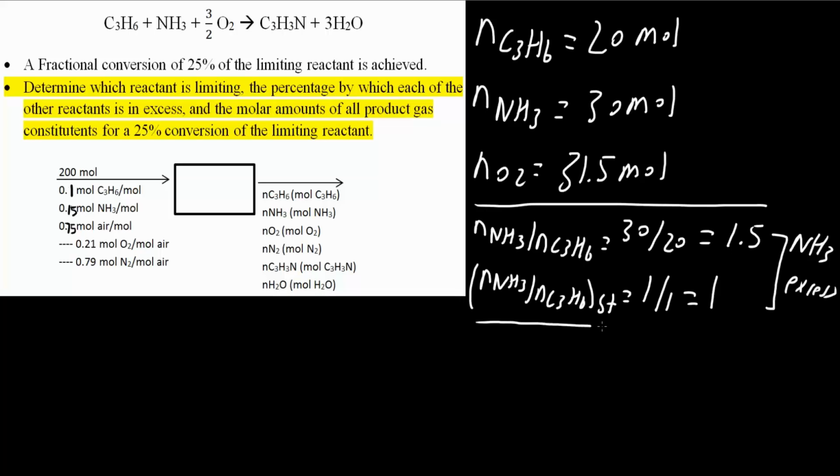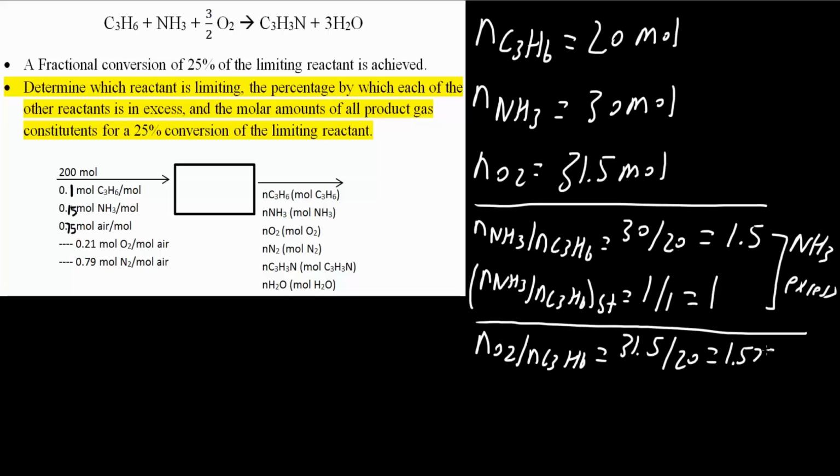Next we will do oxygen, because if NH3 is in excess, maybe this might be the limiting reactant, but we don't know yet until we try oxygen. So we do exactly the same thing. N oxygen divided by N C3H6, we get 31.5 divided by 20, which gives us 1.575.